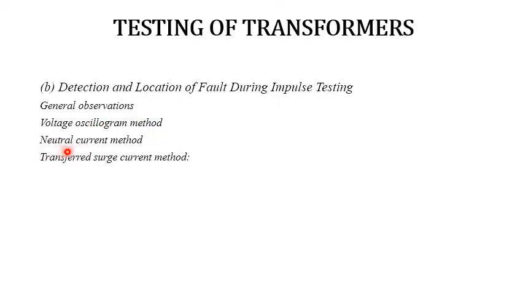We have the neutral current method. In this, the record of the impulse current flowing through a resistive shunt element between the neutral and the ground point is used for detecting a fault. The neutral current oscillogram consists of high frequency oscillation, a low frequency disturbance, and current rise due to the reflection from the ground end of the windings.